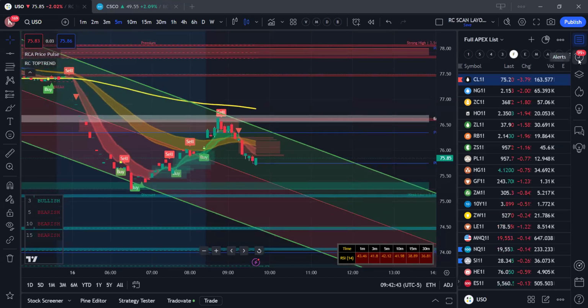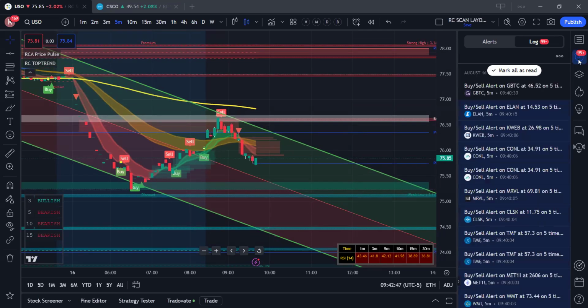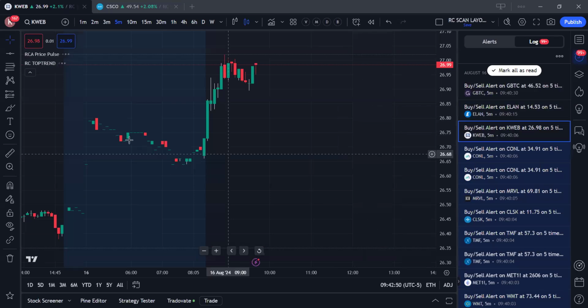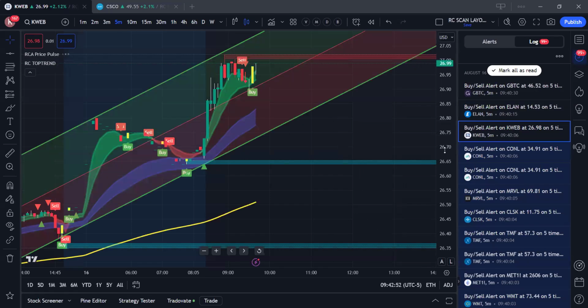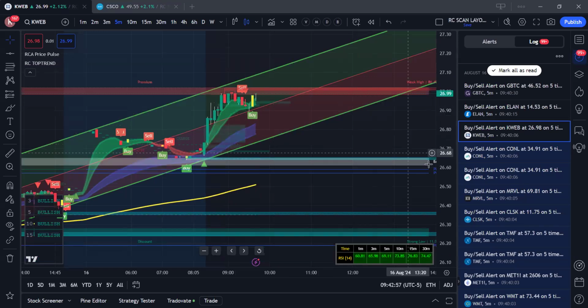Let's look for more opportunities. We got a KWEB buy alert. There was a small pullback and then it started moving up.